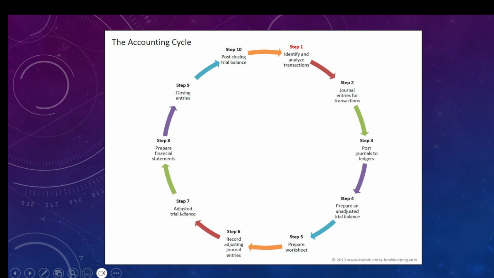Once you do that, you start preparing your financial statements that I talked about earlier. After you prepare your financial statements, you create some closing entries, and then you post those closing entries. This is the general accounting cycle followed in any business, and the same is implemented in F&O as well.